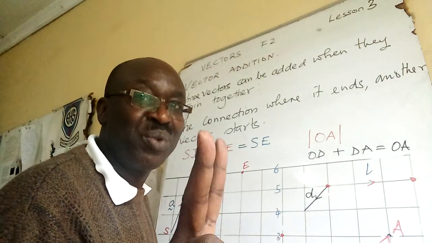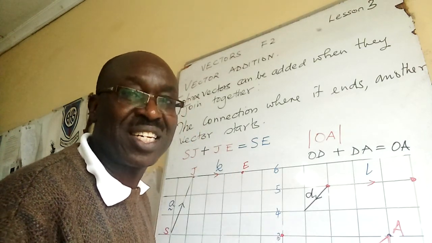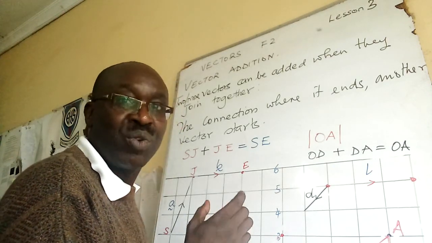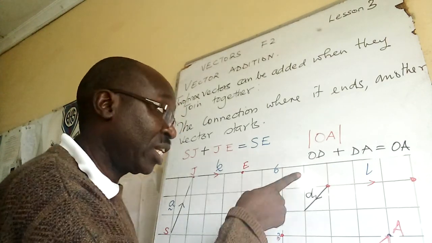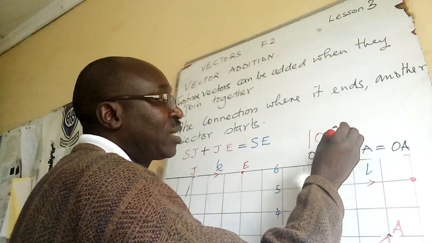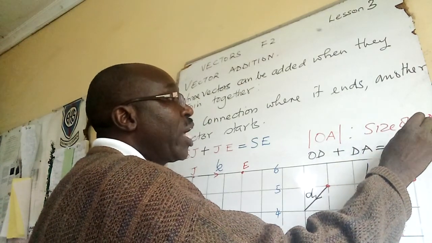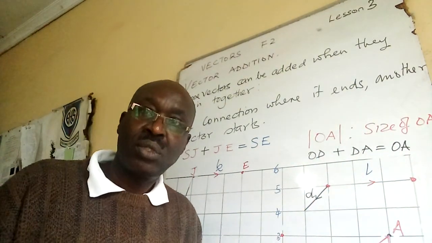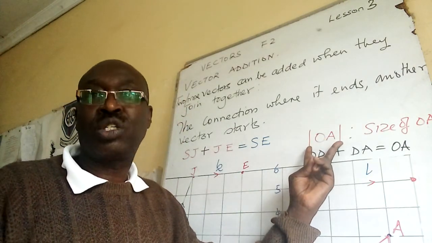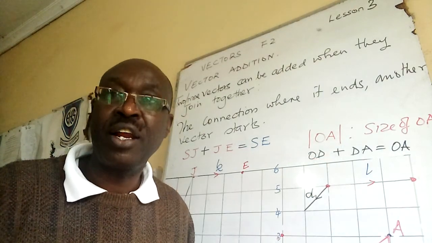Remember, for size you use 2 methods: you measure length or use Pythagoras. So I've used Pythagoras. How is it written mathematically? That. How is it read? Modulus, size of OA. Symbolically, we put 2 lines at the beginning and at the end.